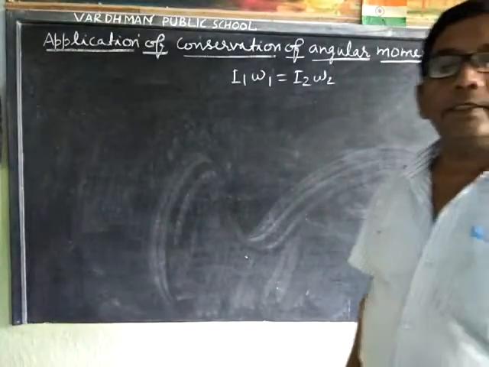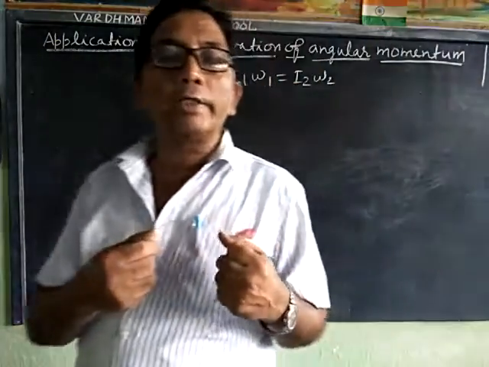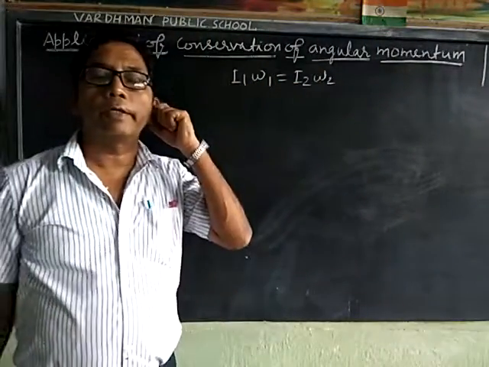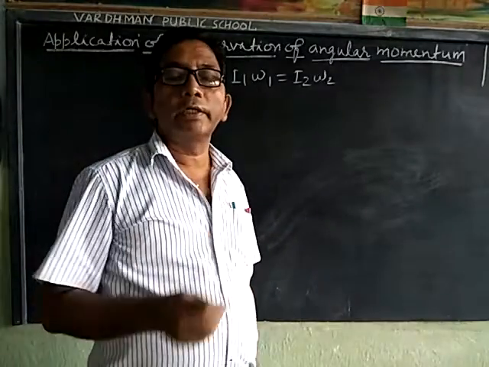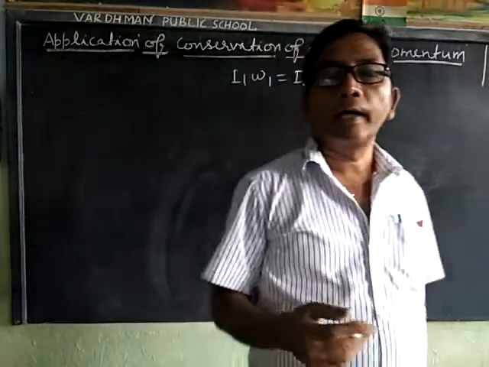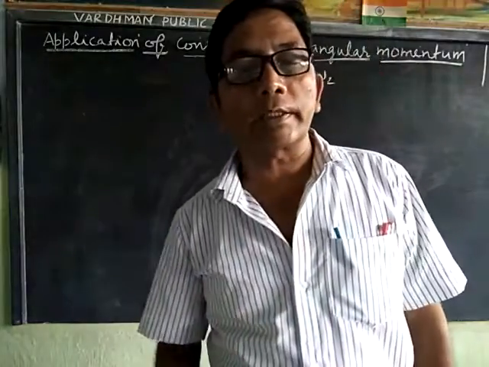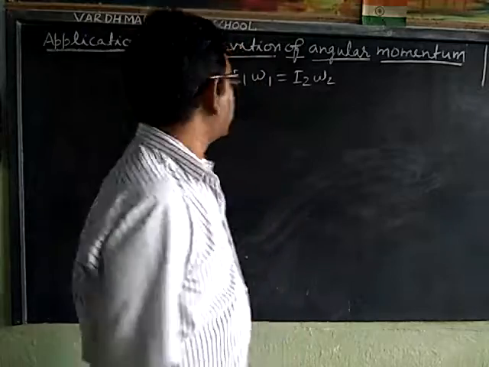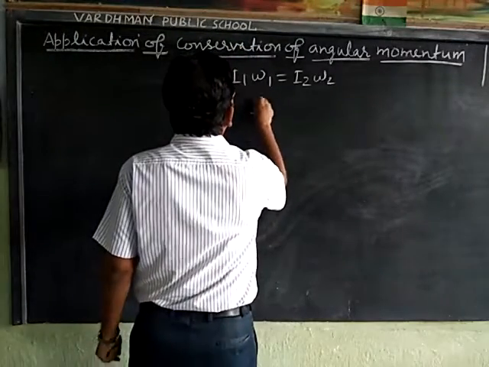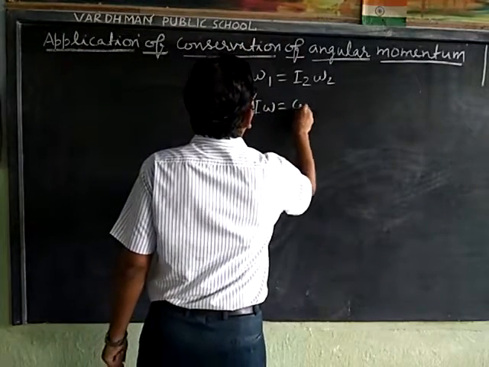When he withdraws his arms towards his chest, the moment of inertia of the man decreases, and the angular speed increases, because I omega is equal to constant.